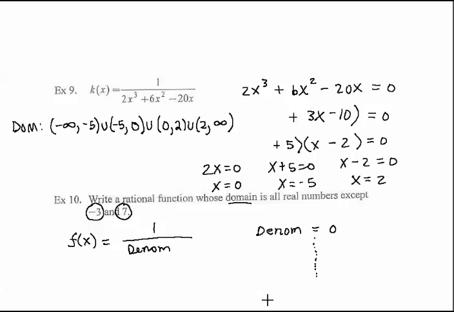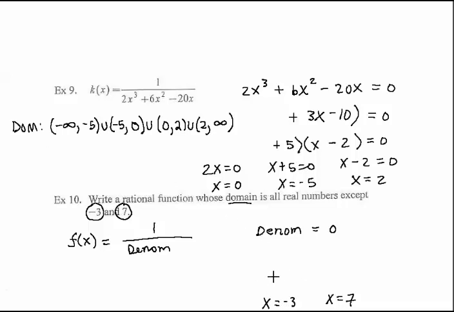In the end, that's going to look like x equals -3 and x equals 7. So this is one of these problems where we have to work our way backwards. What factors of this particular equation, and ultimately our denominator, would give us the answers -3 and 7?